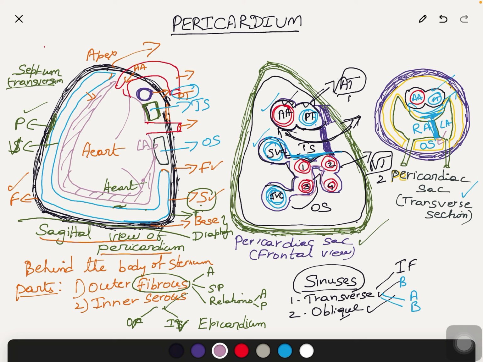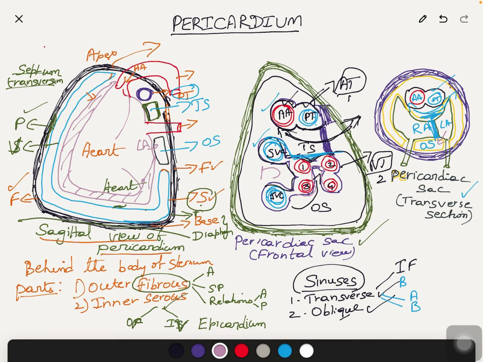It lies within the limbs of the inverted J shape. So within the limbs of this inverted J-shaped tube, the oblique sinus is present.